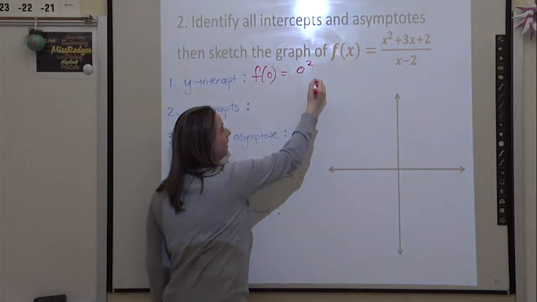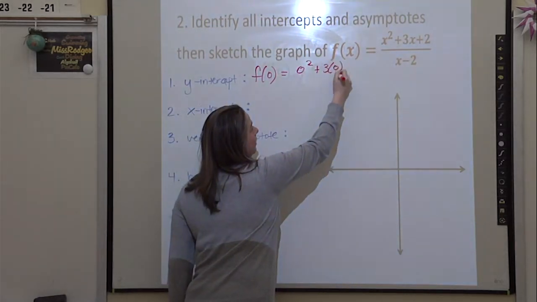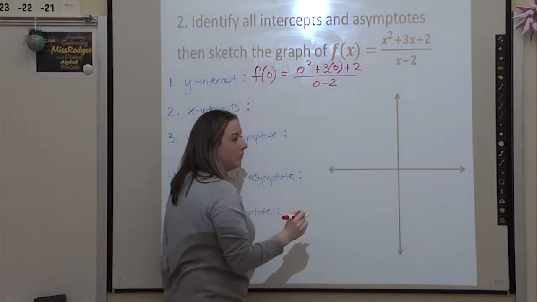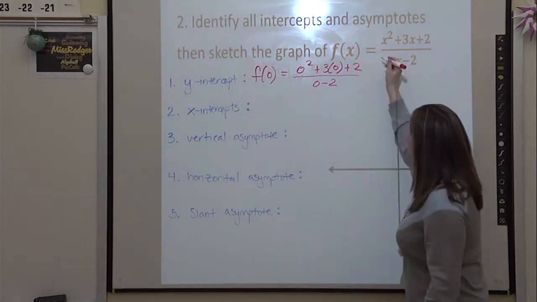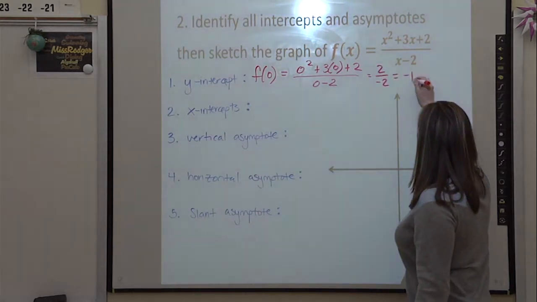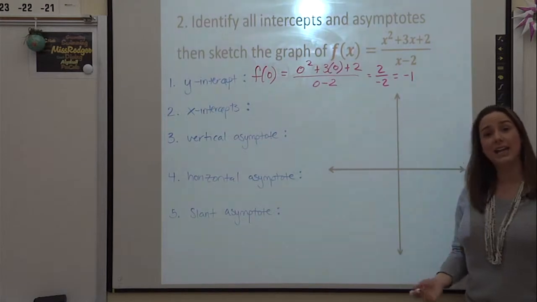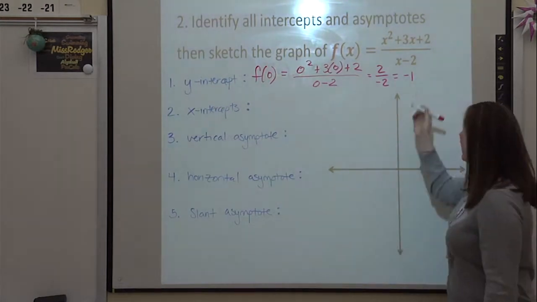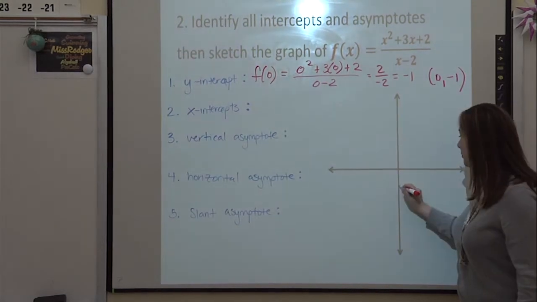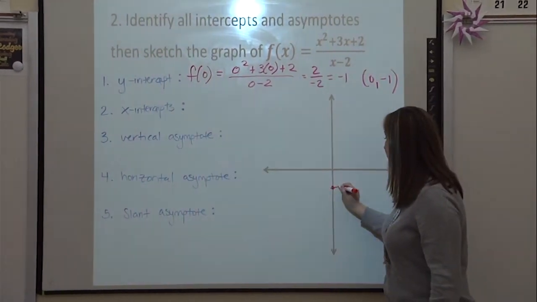So 0 squared plus 3 times 0 plus 2 all over 0 minus 2, which is going to give us 2 over -2, which is -1. Again, I want to write this as an ordered pair, and this ordered pair is 0, -1. So I want to plot that point.